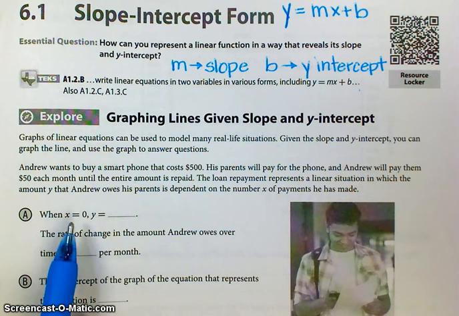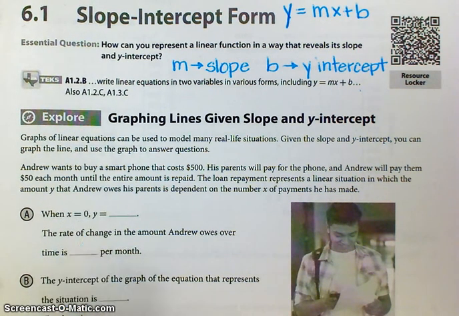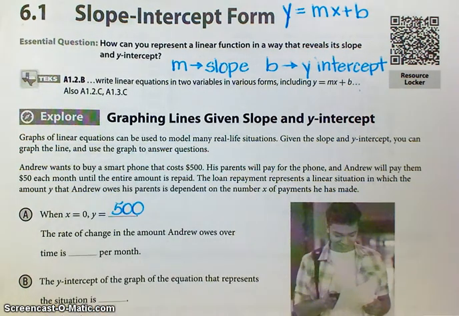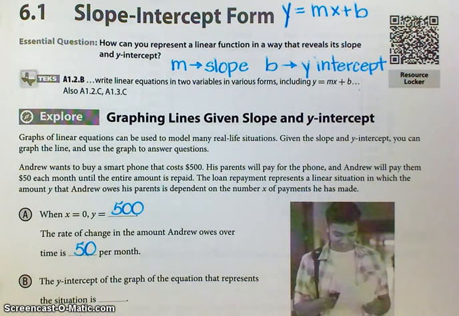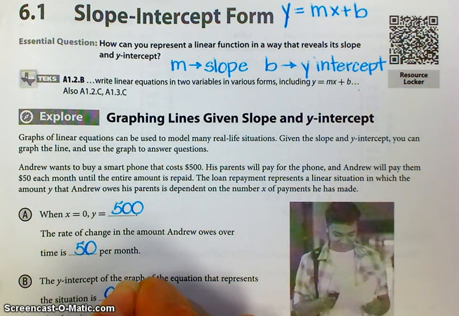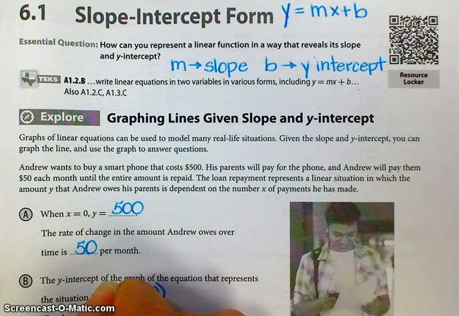Well, when he has made 0 payments, then the y value is $500. The rate of change in the amount Andrew owes over time is $50 a month. The y-intercept of the graph of the equation that represents the situation is (0, 500), because that represents a point on the graph.